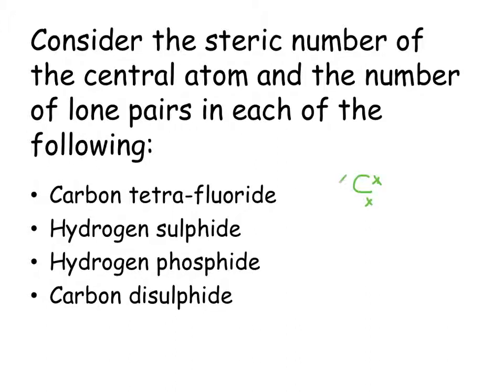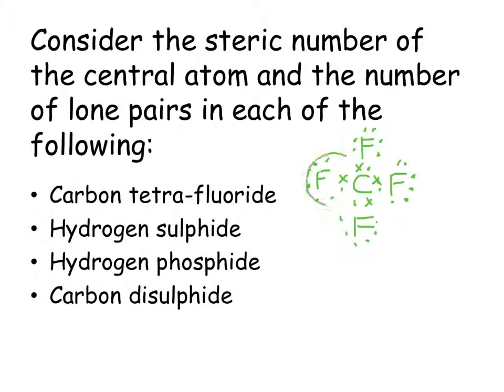If I draw a Lewis dot diagram for that, fluorine has 7 valence electrons. Draw that out. And what you can see quite clearly is that there are 4 bonded pairs.